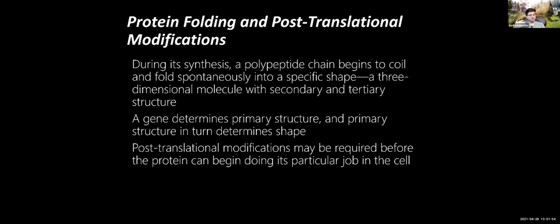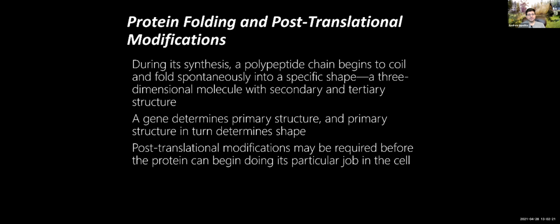Remember G protein coupled receptors, or adenylyl cyclase or G proteins. And remember the idea of phosphorylating a protein to activate it. That phosphorylation event is considered a post-translational modification. Other proteins will need to be cut up to be activated. For example, some enzymes are synthesized, but they're dormant, and you cut a piece of them off to activate them.